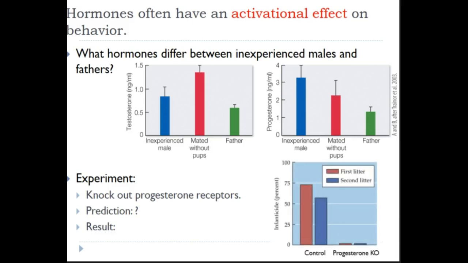And that's exactly what happens. So here are control mice. They did 2 different litters to make sure there are no history effects, but these aren't meaningfully different from each other. These are control mice, and they're pretty infanticidal. These individuals are the progesterone knockout mice, though. In this case, when you knock out the progesterone receptor, you knock out the ability of these mice to actually be infanticidal.